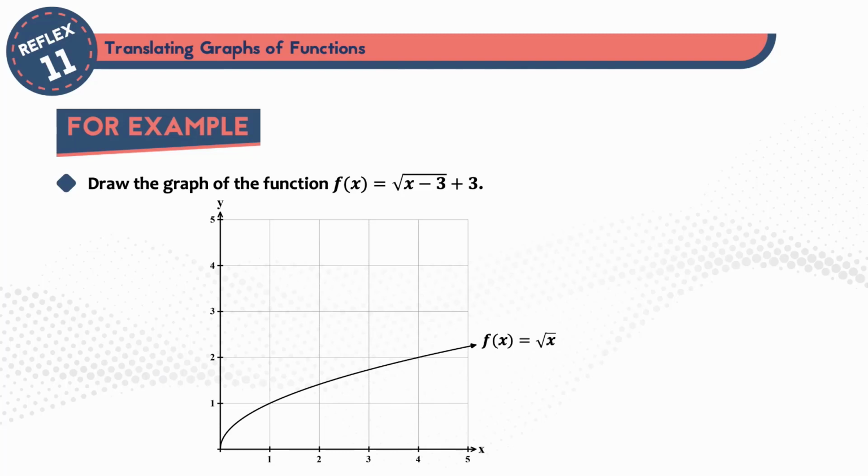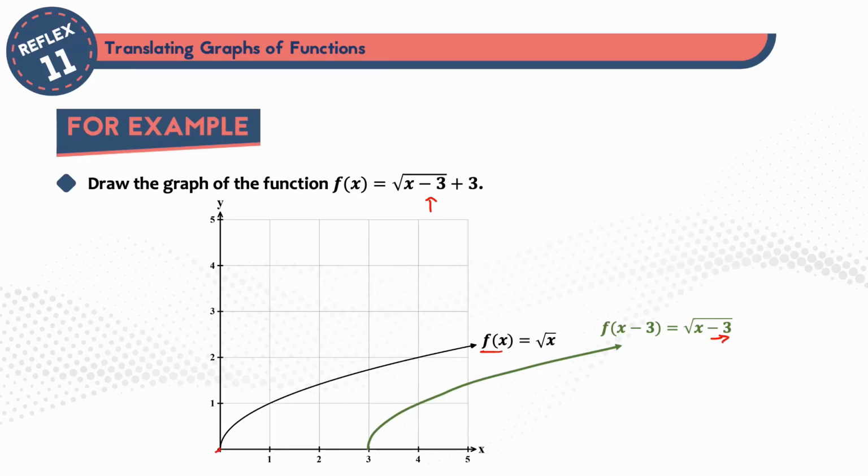Let's take a look at this example. We have, draw the graph of the function f of x is equal to square root of x minus 3, plus 3. So we have this original function, which is our parent function, f of x is equal to square root of x. So we do what's inside the radical first. So we have x minus 3. That means we have moved to the right 3 units.